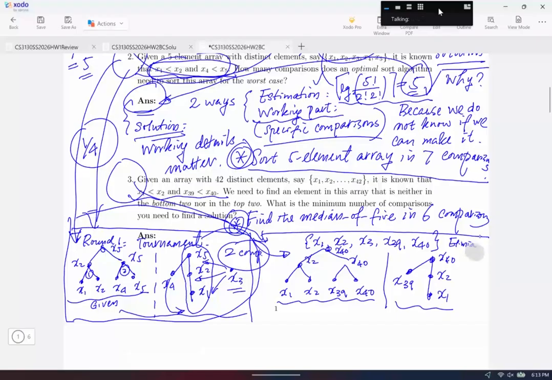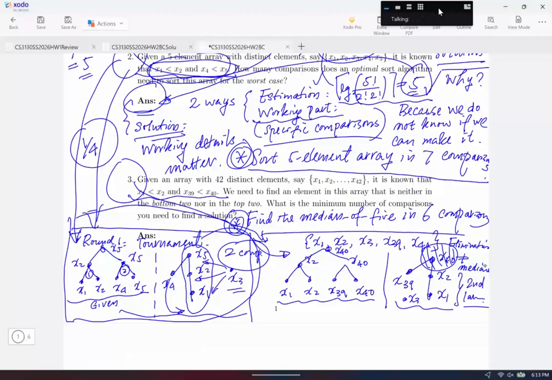Anything greater than 3 elements is not a median, so it could be eliminated. Then among the remaining elements, we find the second largest, and we know how to find the second largest. So that's the solution for this example.